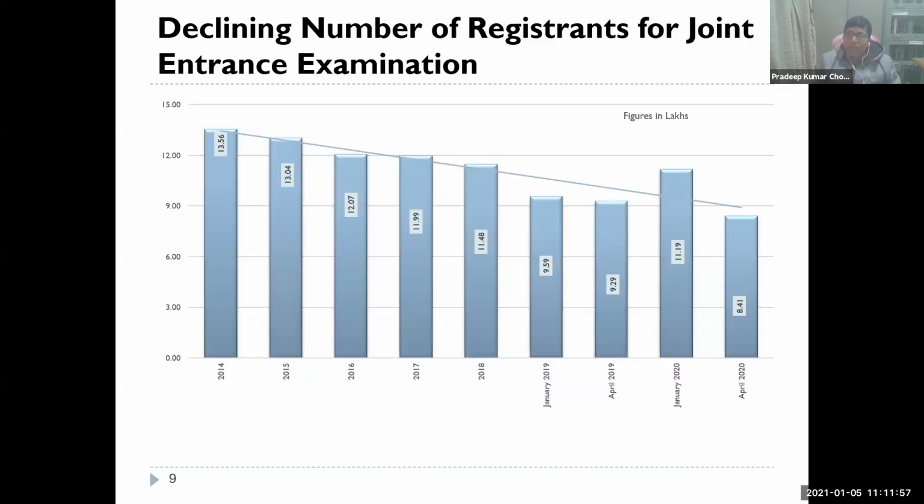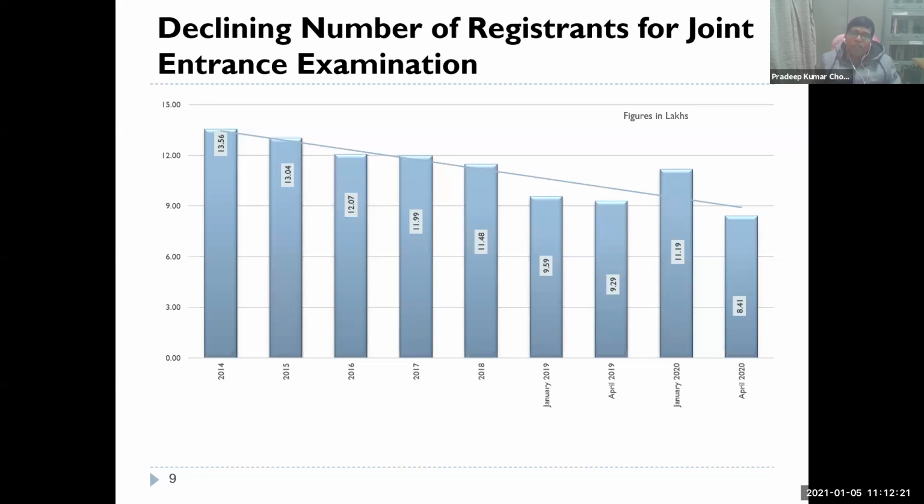The numbers given in the bar are in lakhs, as I have said in the graph. There is a declining number of registrations for the Joint Entrance Exam, JEE, for engineering education. If you see from 2014 to 2020, the number is declining sharply.